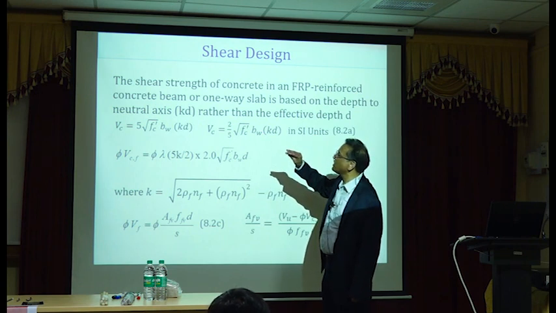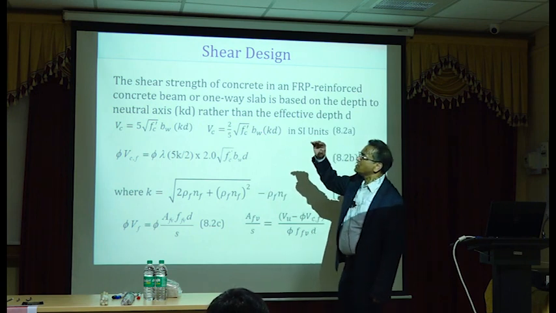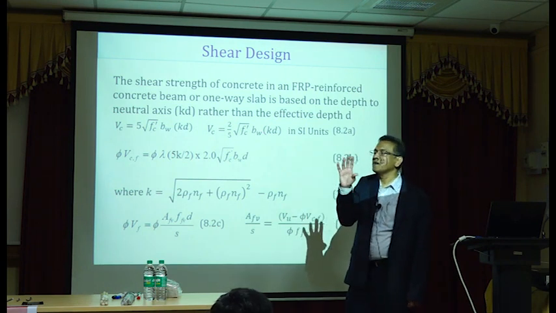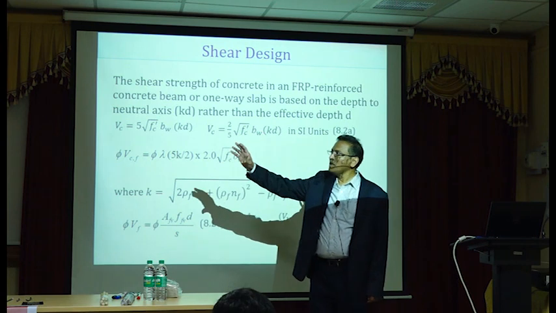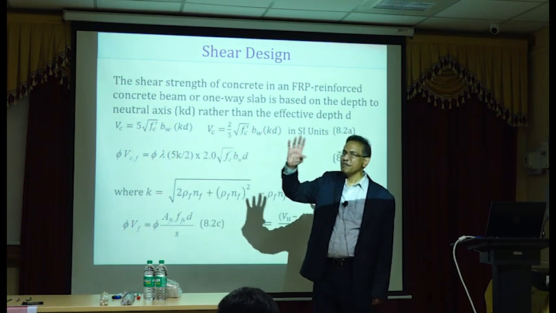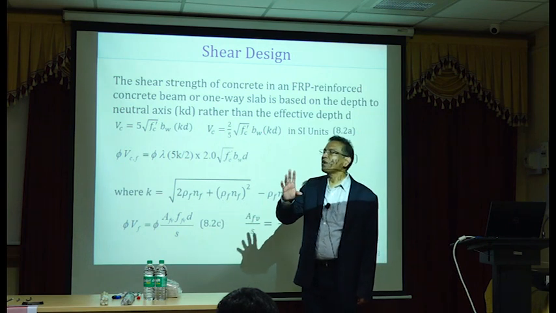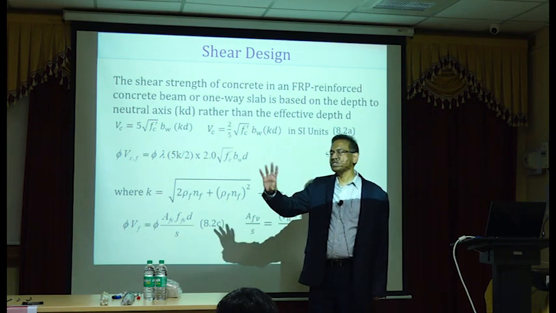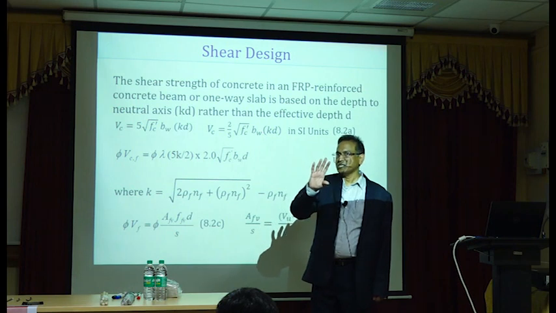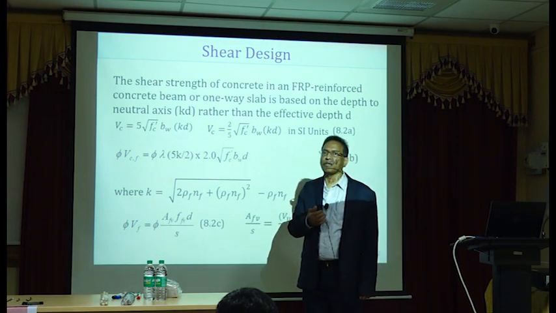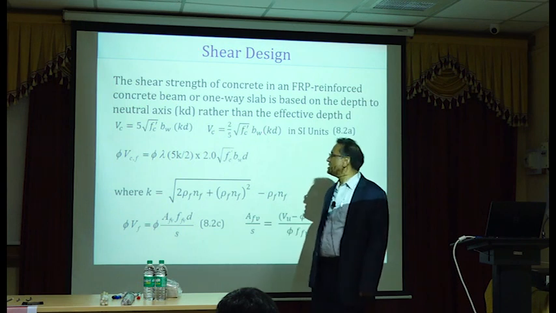If the shear contribution from concrete for a steel reinforced beam is, let's say, 100 units, for FRP reinforced beams, shear contribution from concrete is probably going to be 10 or 12 units. That's what I mean.